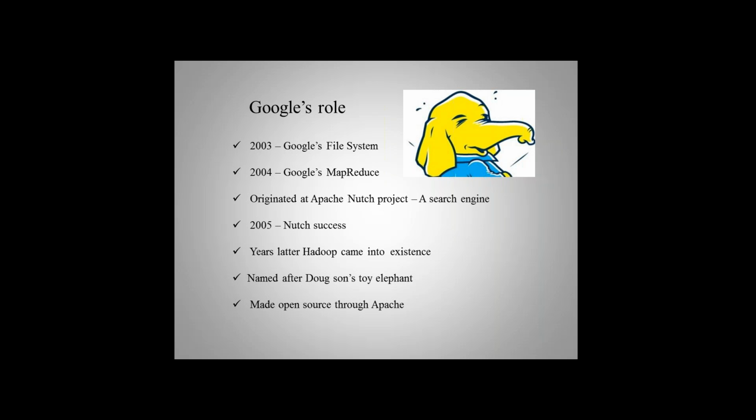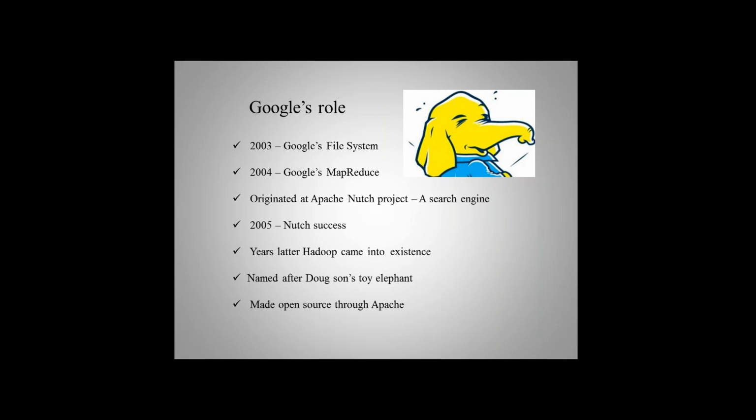In the very next year, 2004, it revealed another white paper specifying its own approach of processing the data sets which were stored in the file system. That is nothing but Google MapReduce.